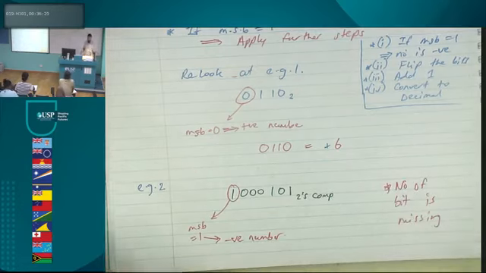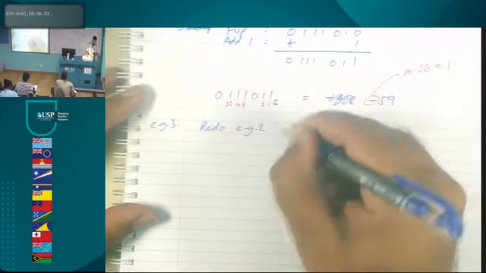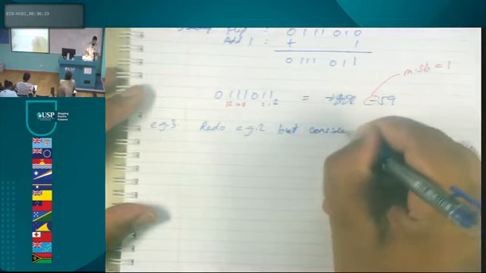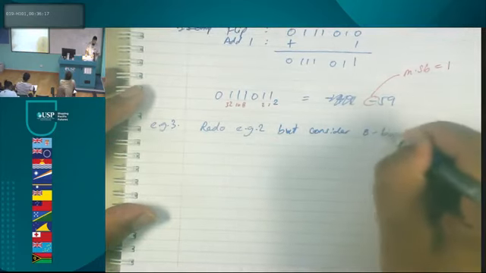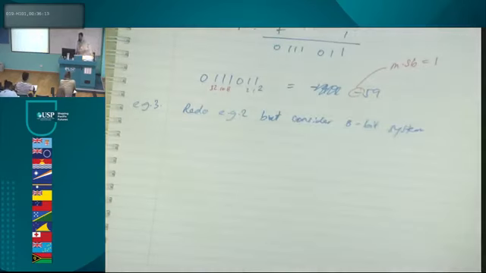Now, example 3: redo example 2, but consider an 8-bit system. I'm going to give you 2 minutes to do it very quickly.